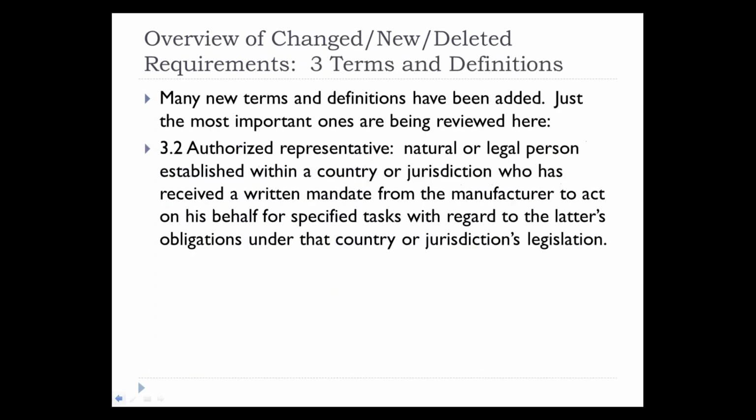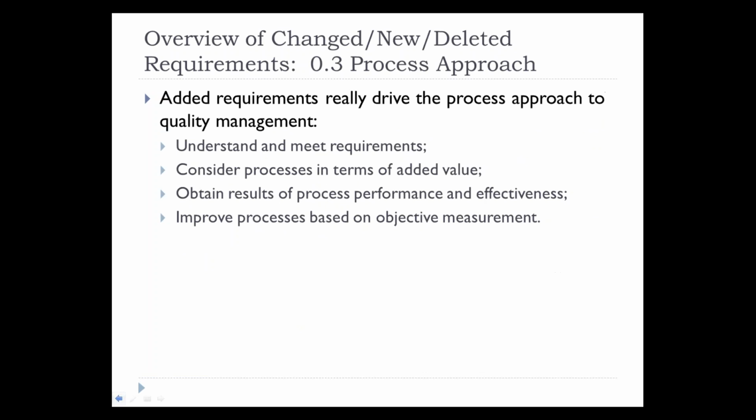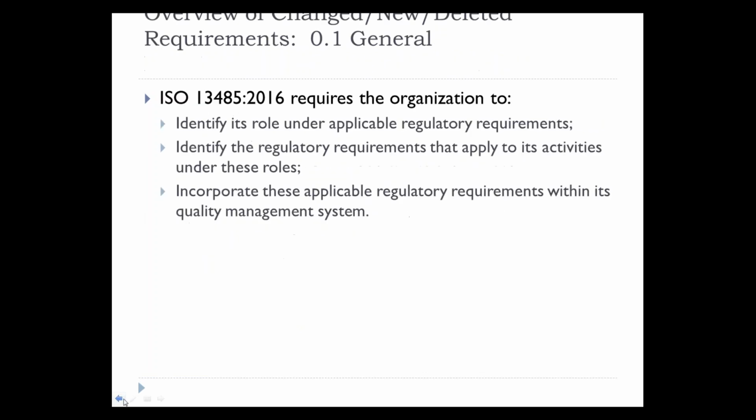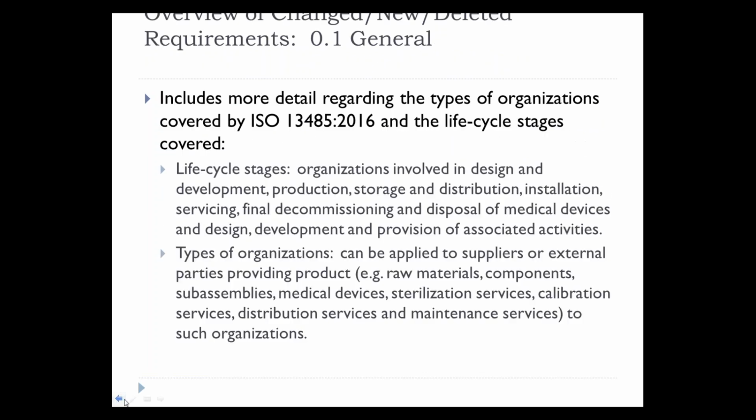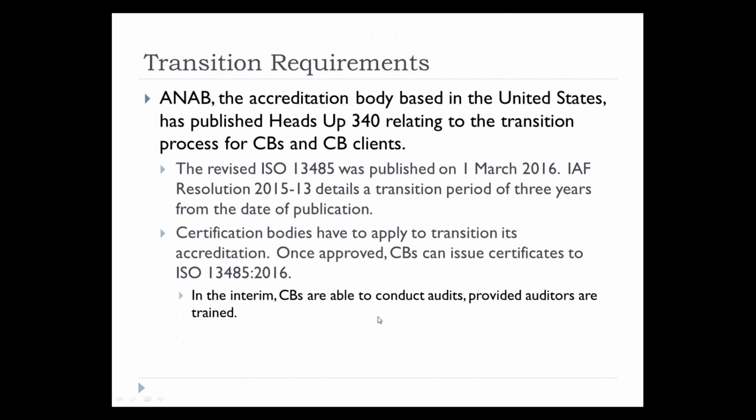So it doesn't have the same 9/14/2018 deadline that ISO 9001-2015 and ISO 14001-2015 have. The standard published the 1st of March 2016 with a 3-year transition period, so around the 1st of March 2019.